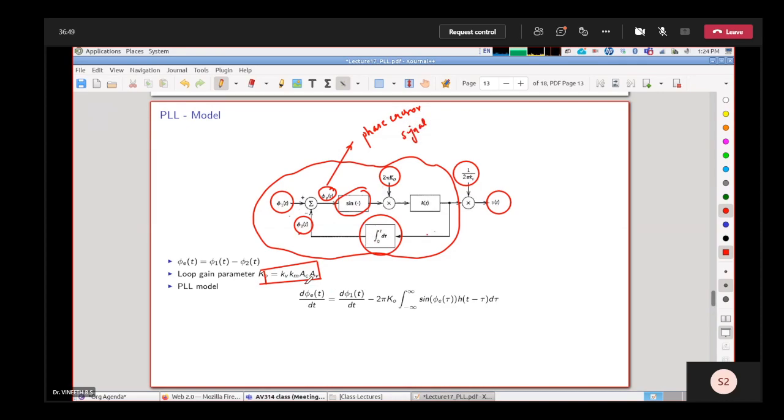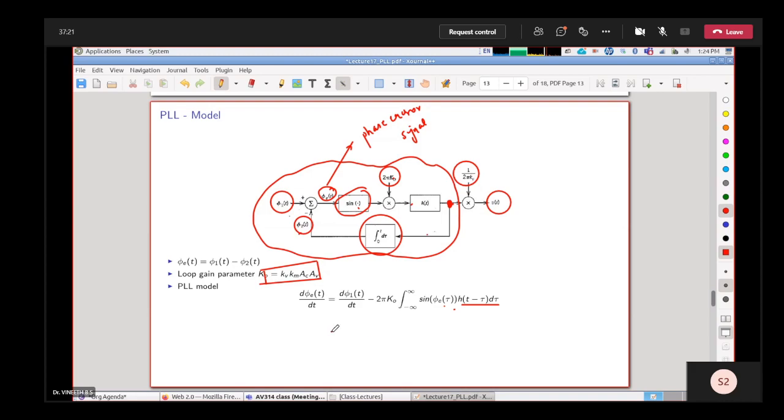This phi e of t, passed through the sine block and multiplied by 2 pi k0, is getting filtered by this h of t. So whatever signal we are getting here is the integral from minus infinity to infinity of sine of phi e of tau into h of t minus tau d tau. So this 2 pi k0 into sine of phi e of tau comes in as input here, and this is getting filtered.